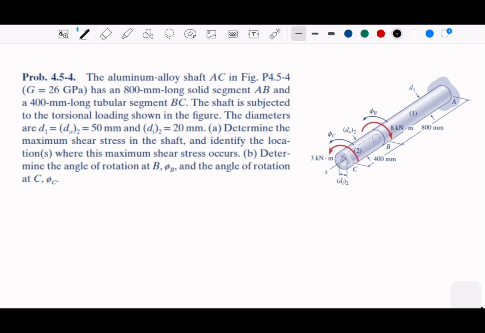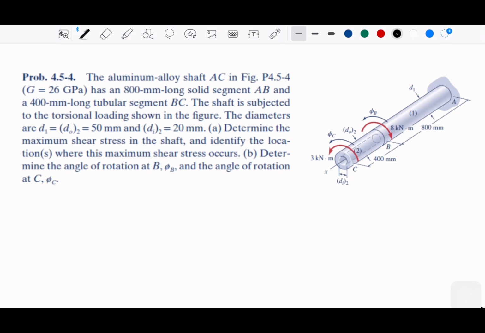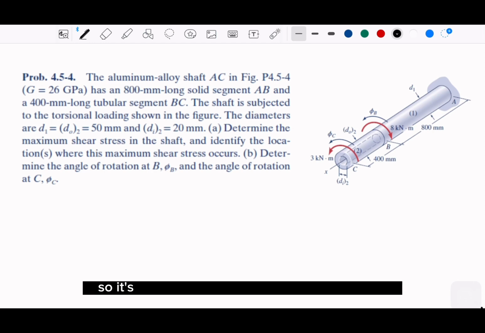So first we can take the equilibrium. Take the free body diagram, maybe we can see from number 2 and number 1. It's asking first for the maximum shear stress. So to get the shear stress, we need to figure out the torque for each component.